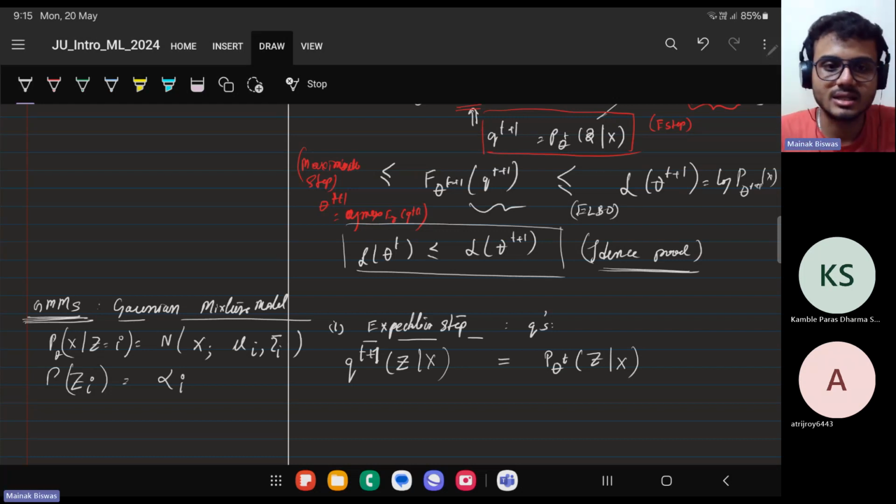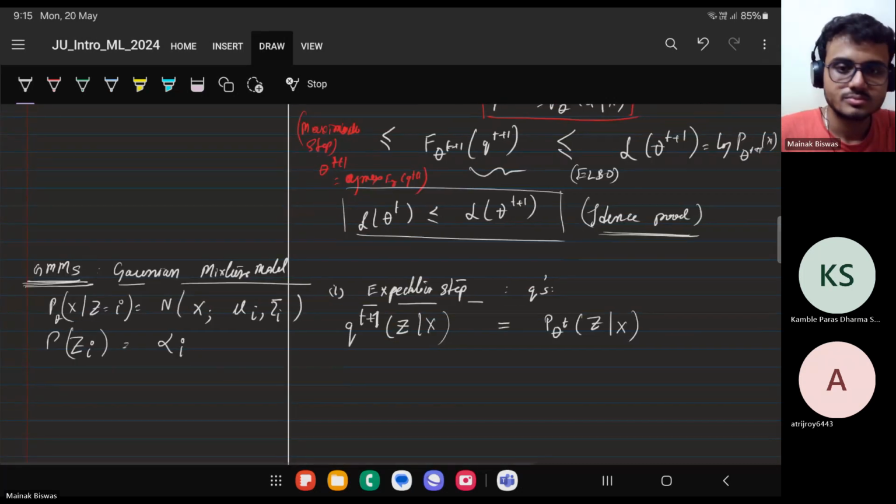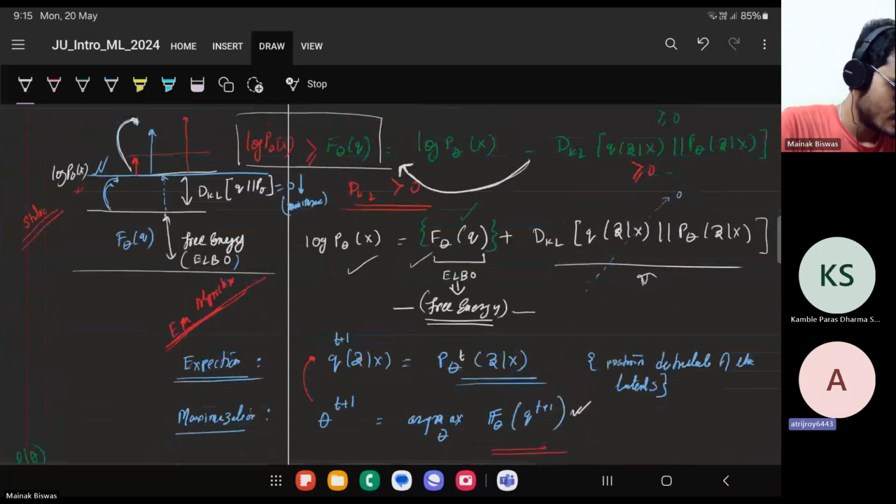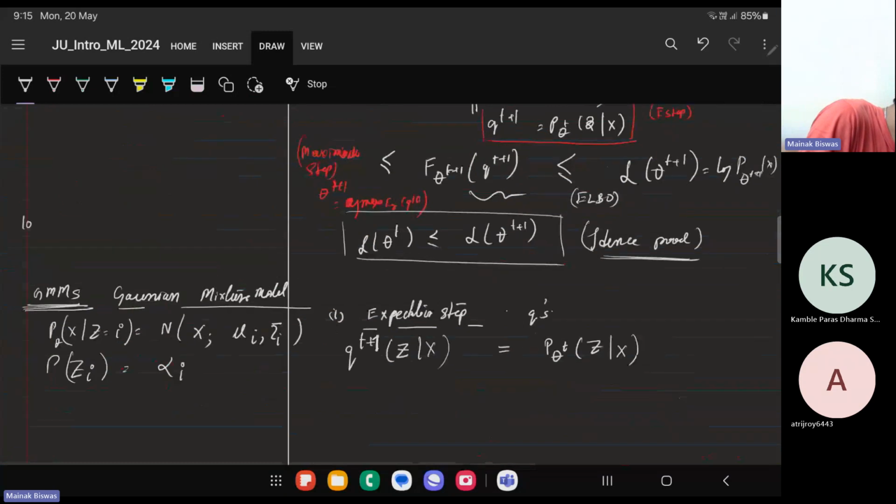Now we'll do it for the special case. Tell me now, how will I do this? This is the expectation step, no doubt. This you got from before. I'll just keep it written.